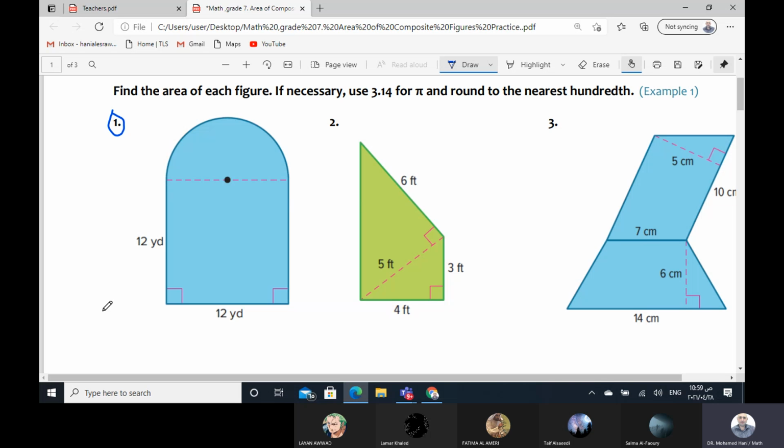Lamar, what is your answer? Mister, I'm still trying to solve it. Okay, I'll wait you. Fatima, Aliazia, Taif, Selma. I am not sure, but it will be 144. What is your name? Fatima. Okay, thank you, Fatima.